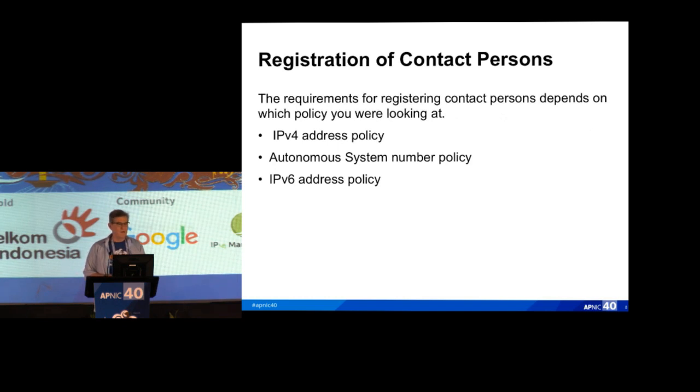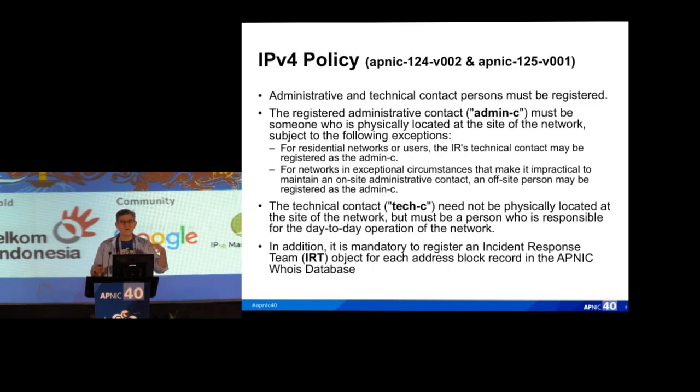The other area that is a significant change is registration of contact persons. Now, again, that was different depending on which document you were looking at, which seems odd, right? There's a lot of words here, but basically in the V4 policy, it said you must register admin C and tech C, and it has said that for many, many years.